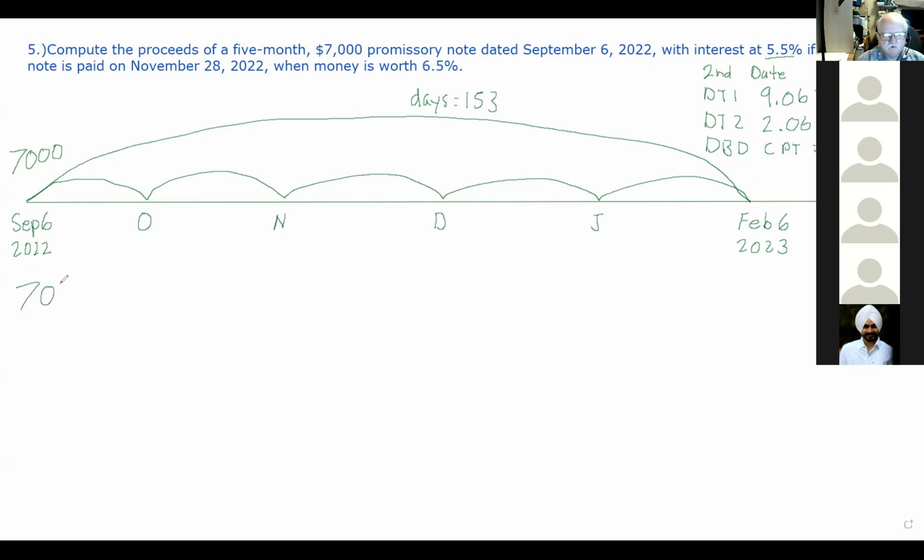So 7,000 times 1 plus 5.5% times the 153 over 365. So ignoring the last part of the question, what does this $7,000 become on the due date?